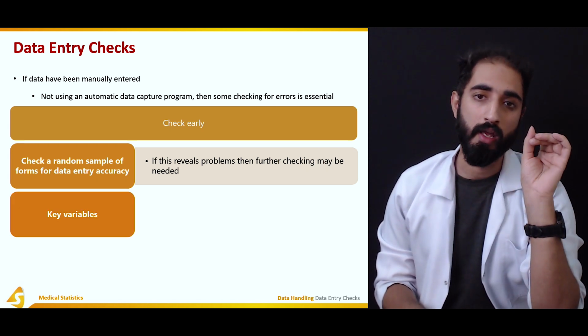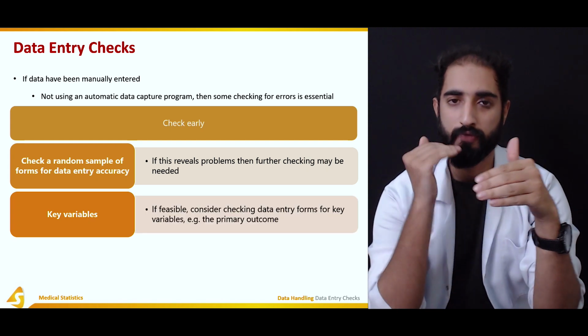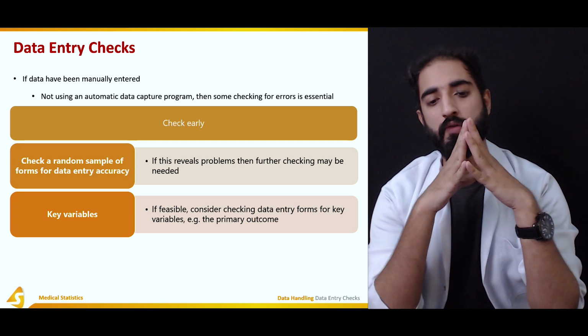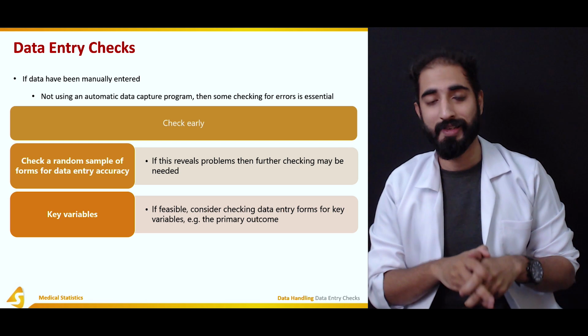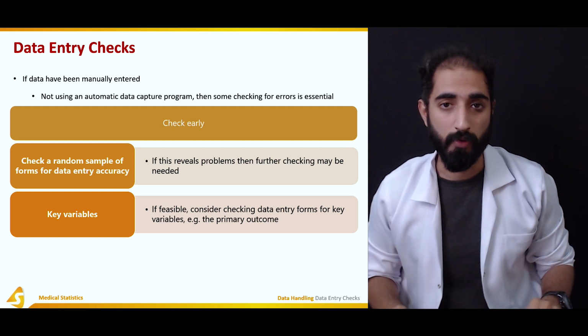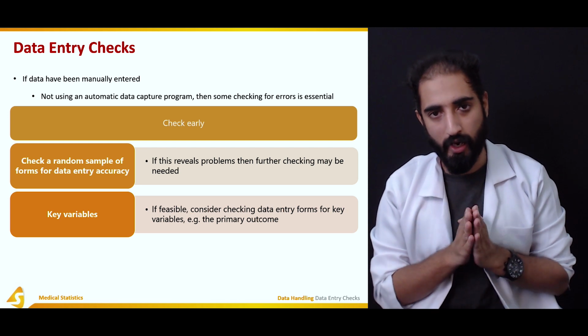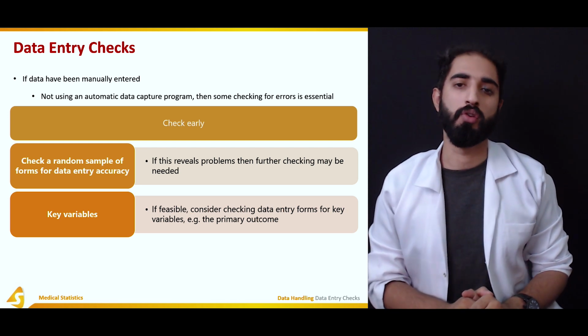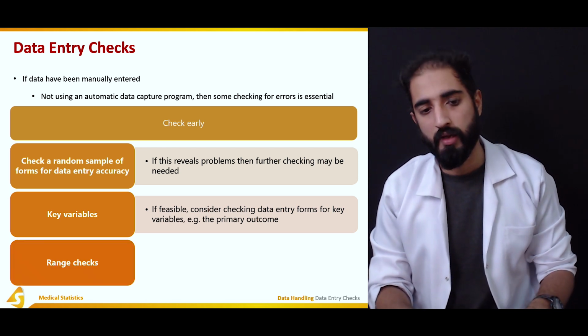Always keep an eye on your key and outcome variables. If feasible, consider checking data entry forms for key variables for all the participants, such as your primary outcome variable, because that is the most important thing.